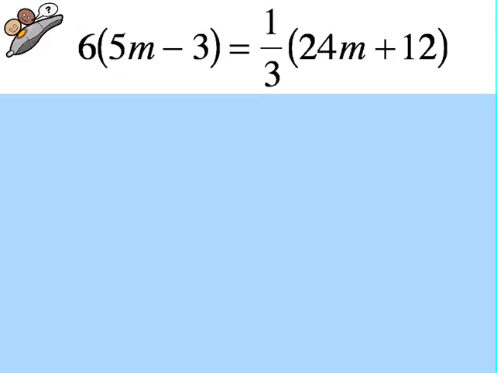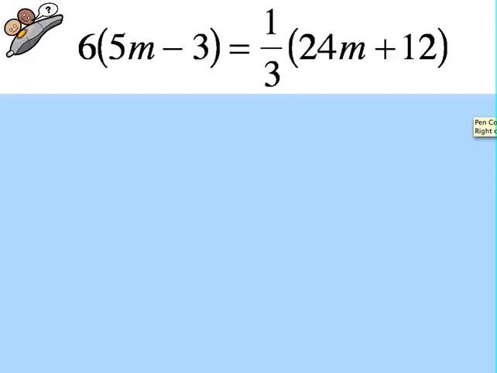All right, let's look at this one. 6 times the quantity 5n minus 3 equals 1/3 times the quantity 24m plus 12. What's the very first thing you think you're going to do in this problem?